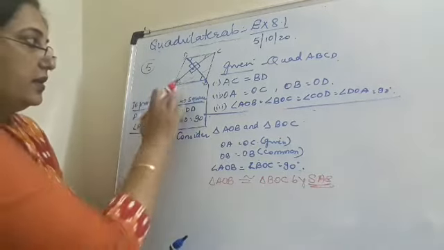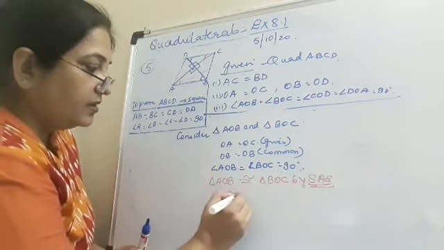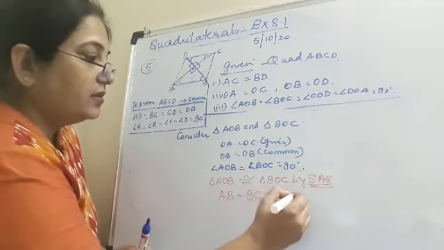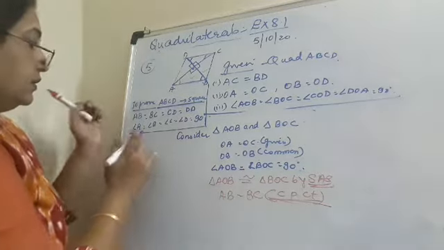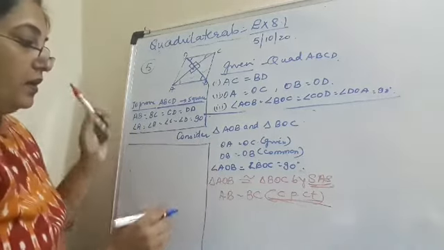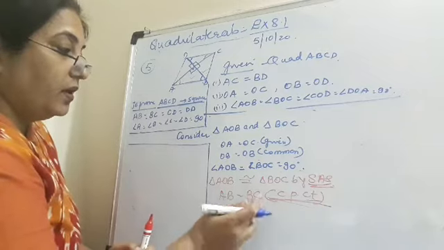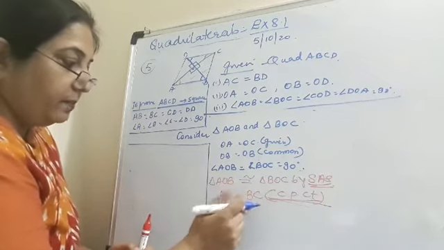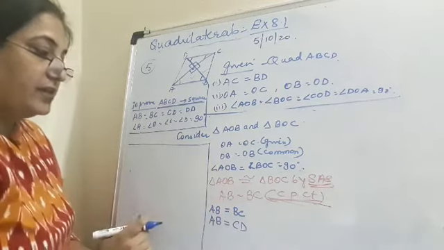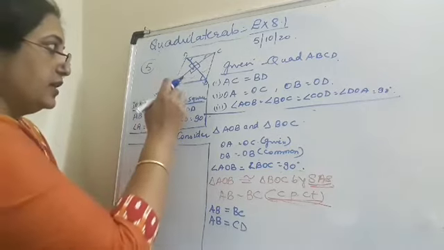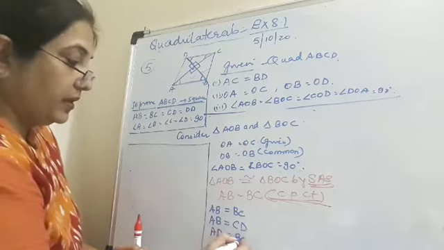Now I can write AB is equal to BC, and what is the reason? CPCT. Next, AB is equal to BC, proved above. We have proved AB is equal to CD, and we have proved that AD is equal to BC.